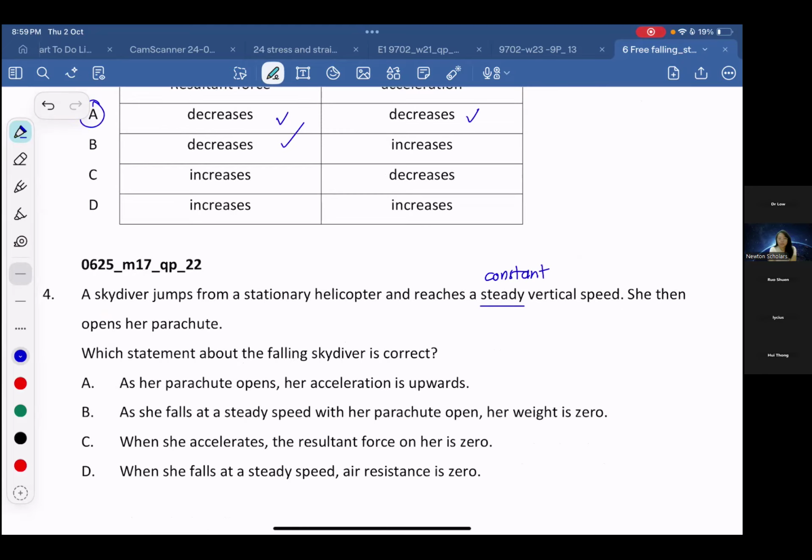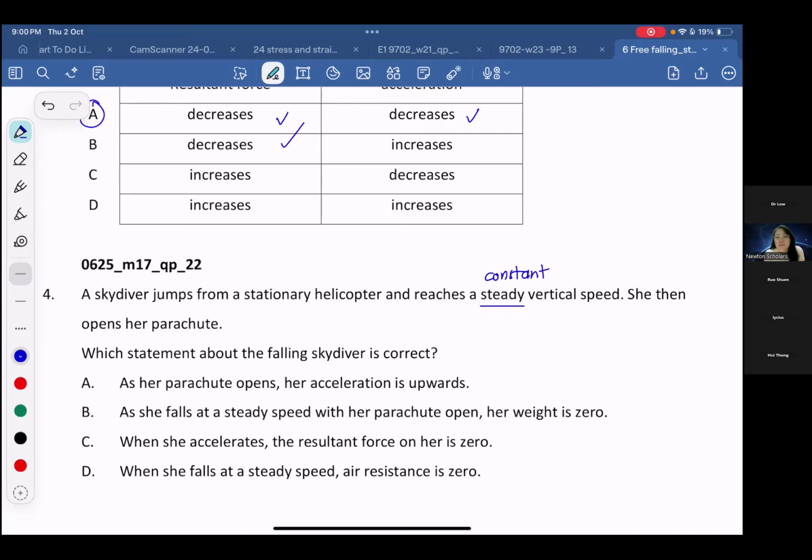Okay, read the answers A, B, C, D, choose the answer, and then type your answer to me. You are allowed to make mistakes, no need to be shy. We don't know each other. You know me, I don't know you. So you don't need to be shy to tell me your answer. You respond to me, then I try to understand which part you don't understand or which concept is wrong. Try to give me a response, thank you. Which statement about the falling skydiver is correct?